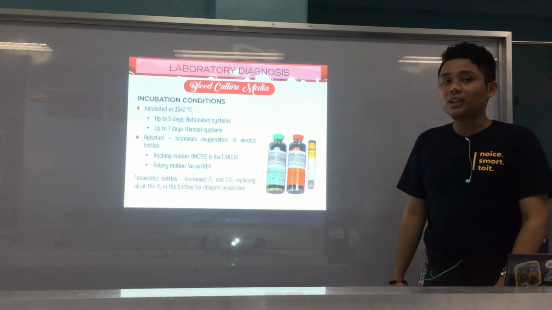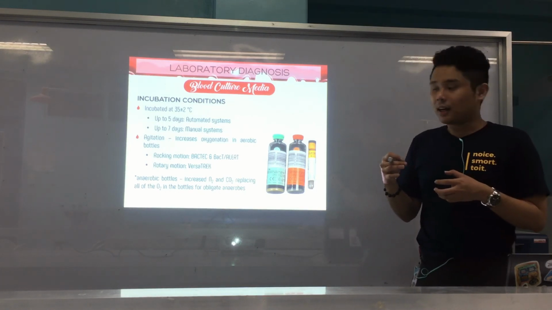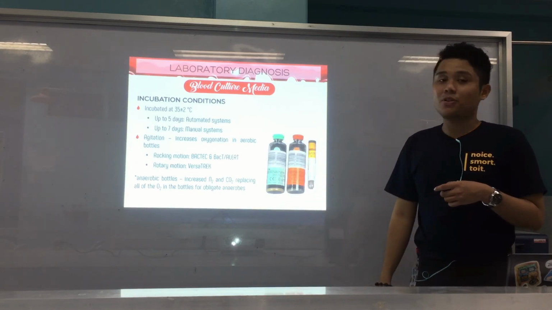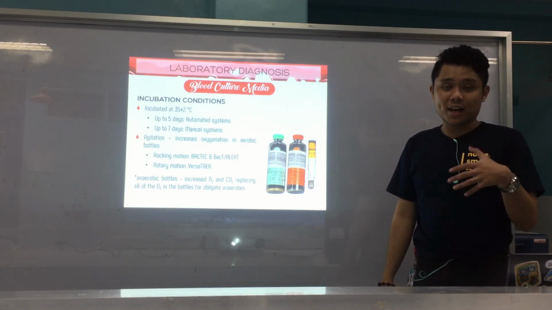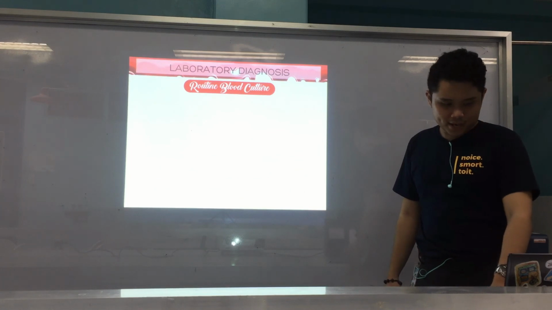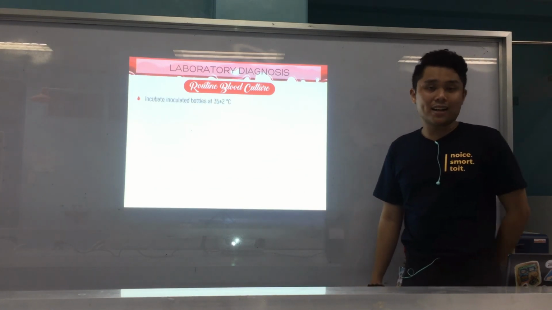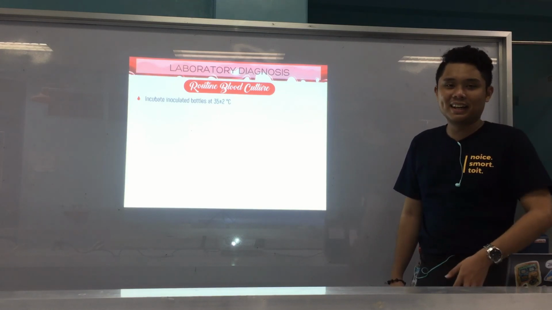And kung anaerobic bottles, of course, anaerobic, tangtangon na tong oxygen, pa-increase na to ang nitrogen and carbon dioxide. Because again, we don't want oxygen. Kay anaerobic man sila. Alright. Okay. So, let's say next. Alright. Okay. So, for routine blood culture, just a little mga reminders.